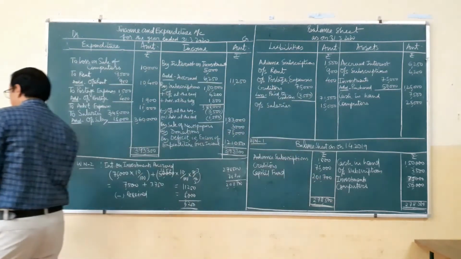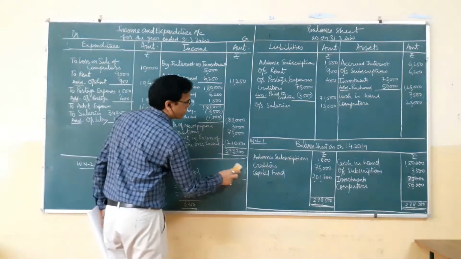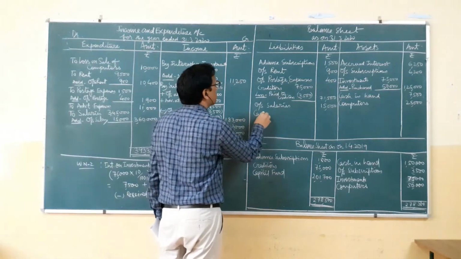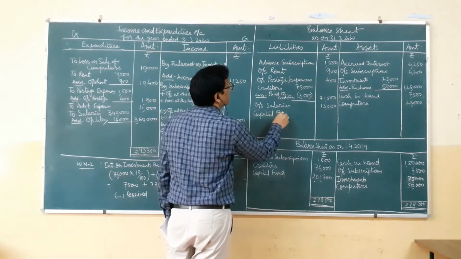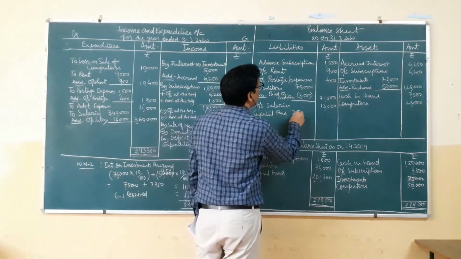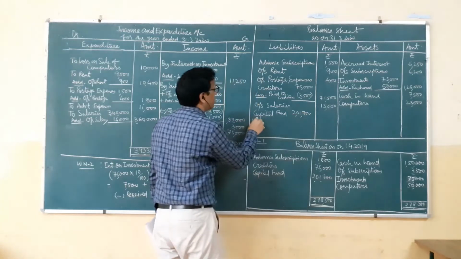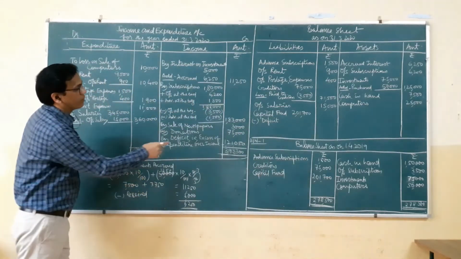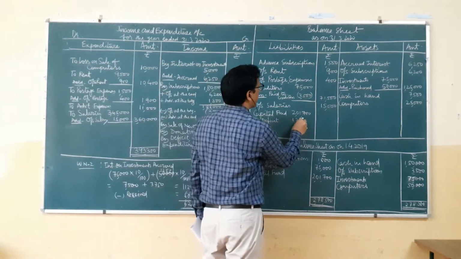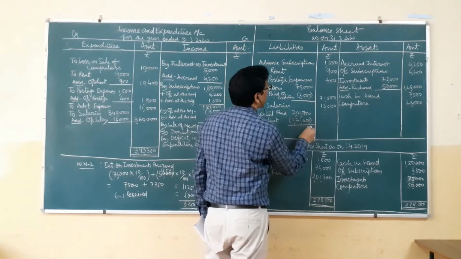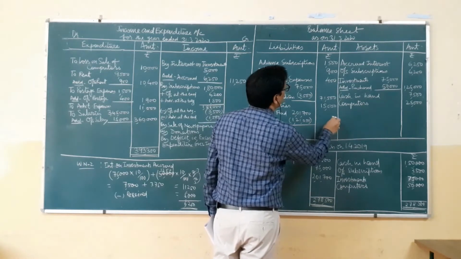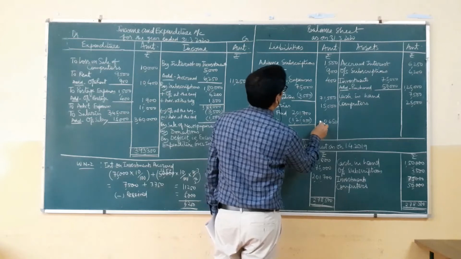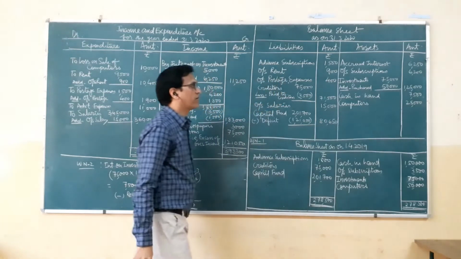capital fund. This capital fund we will take to the closing balance sheet. Here we write capital fund, and this is 201,700 minus deficit. This deficit is 121,050. When we subtract it, then 80,650.